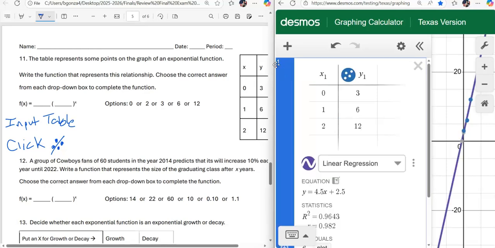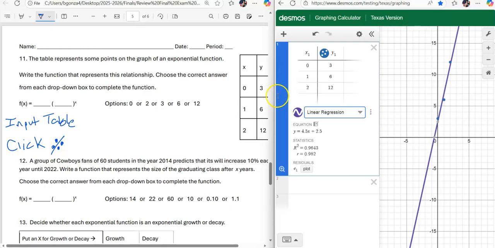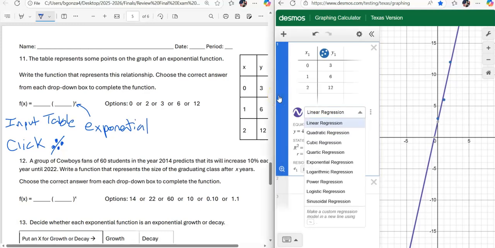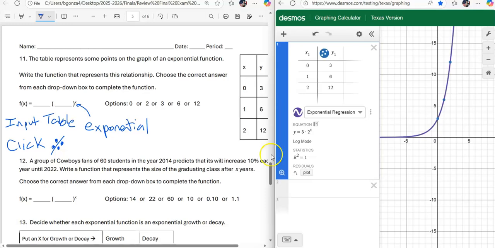So click that button. Okay. Now, is this linear? When you see a little x in the exponent, that means it's exponential. So I'm going to change linear to exponential. And wouldn't you see it right here? I got 3, 2 to the power of x. Okay. So it said y equals 3 times 2 to the power of x. So 3 and 2. 3, 2.